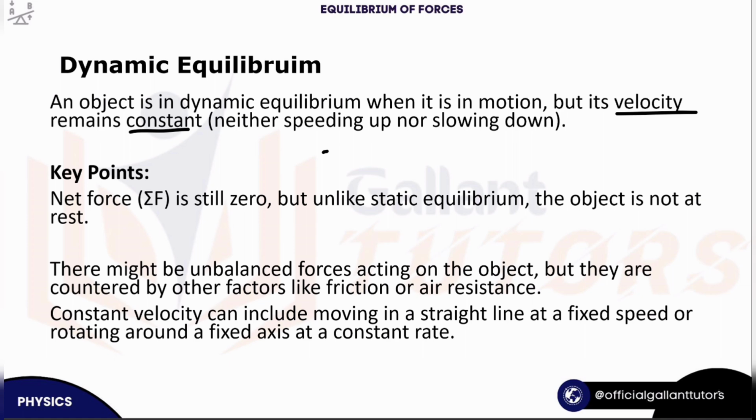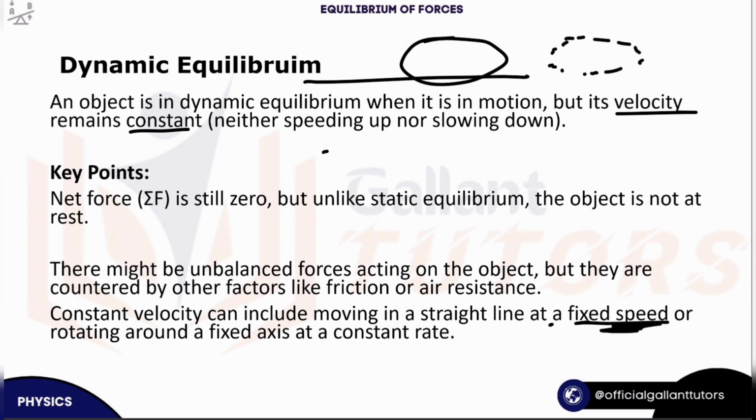Okay, now the key takeaway is that in dynamic equilibrium, yes, net force is 0, but the object in question is not at rest. So it's not as if the ball is just sitting on the surface. This ball might actually be moving, but it's moving at a constant rate. That's exactly what constant velocity is about. It can include moving in a straight line at a fixed speed, or rotating around an axis.